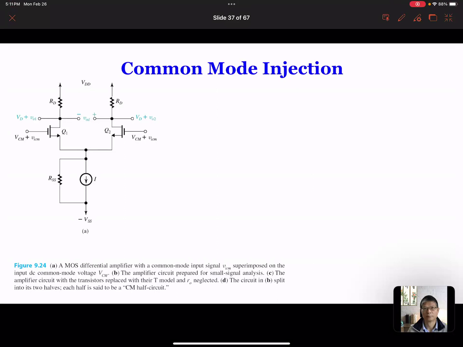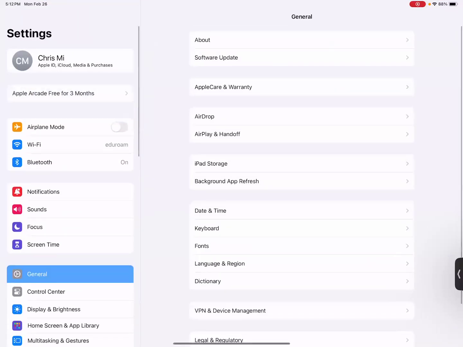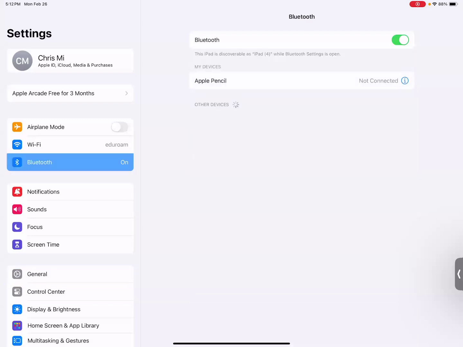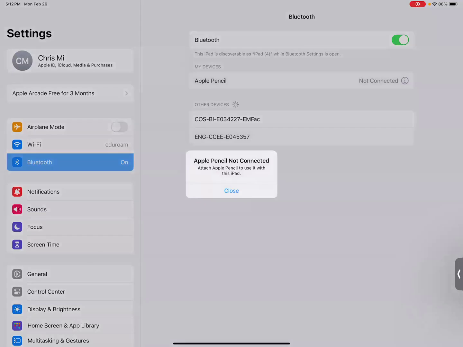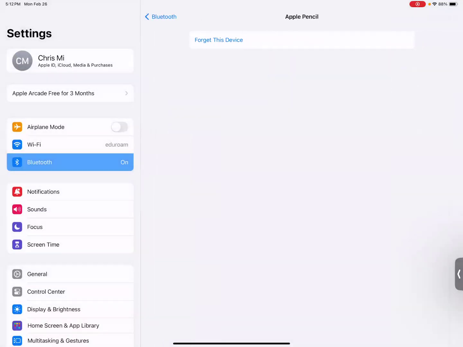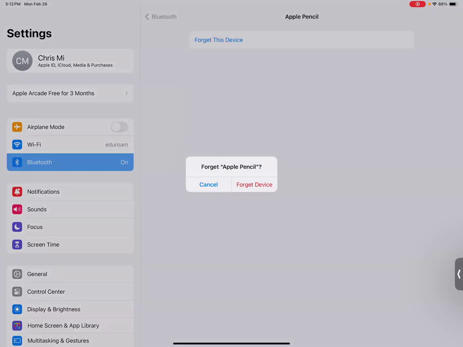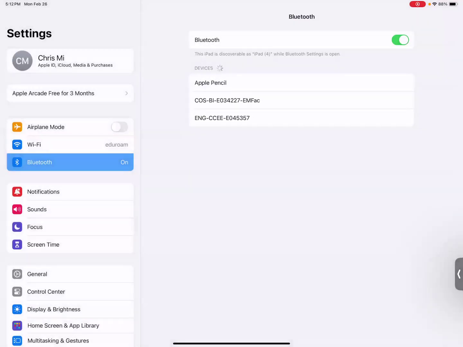Oh, you guys know what happened to my pen, it doesn't write like last time. Yeah. Oh yeah, the Bluetooth, right? So, okay, let's see how we get there. You guys are geniuses. Oh no, it's not loose. It was writing the other day. Bluetooth, okay. Apple Pencil, not connected. You're right. Should we forget this device?